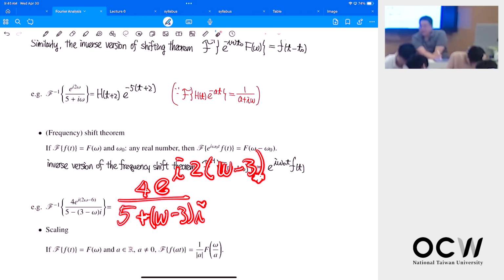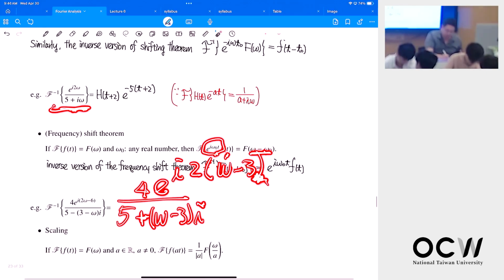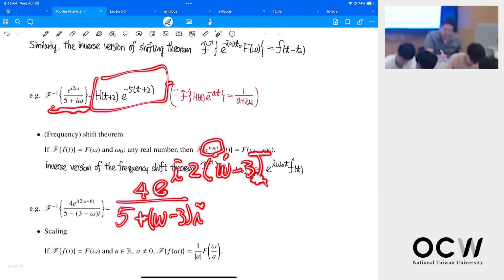Then you compare to our previous one. My omega becomes omega minus 3, so I shift in frequency domain. Then in time domain, I will multiply by e to the j 3t. Keep the original one, this is our Fourier transform; this is our time domain times e to the minus 3t.